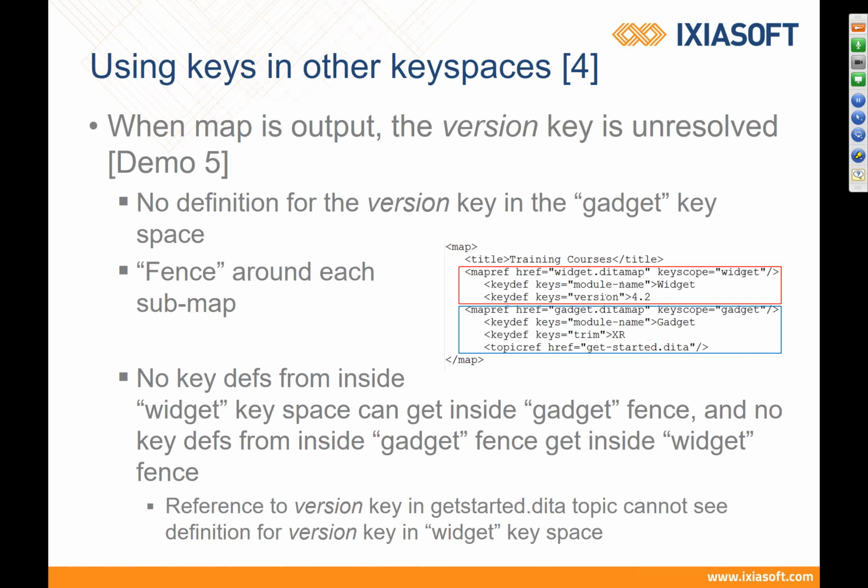I think so. Okay. So basically, any time you want to use a key that is not in the same key space where the topic itself is referenced, you need to include the key space name. Because by default, the topic is going to look for that key definition inside of its own fence.